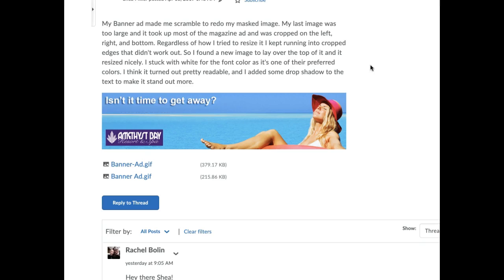So I'm sure that you would take into consideration the original image. Is it adaptable? Is it versatile enough to, A, use it with type, and B, to be able to crop the magazine ad into the banner with the same image? So these are all things that point to learning, and I think it's really fantastic.